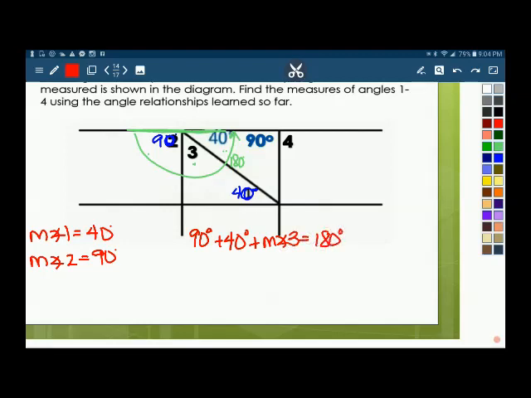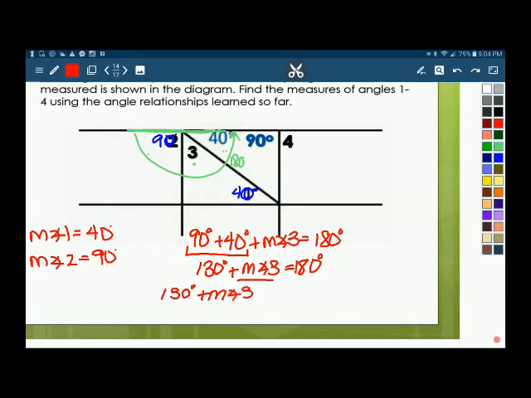So before we solve for the measure of angle 3, I would suggest putting the 90 and the 40 together. 90 plus 40 is 130, plus the measure of angle 3 is equal to 180. And then a little algebra review from last year in order to get the measure of angle 3. Since 130 is positive, we would subtract it from both sides of the equation.